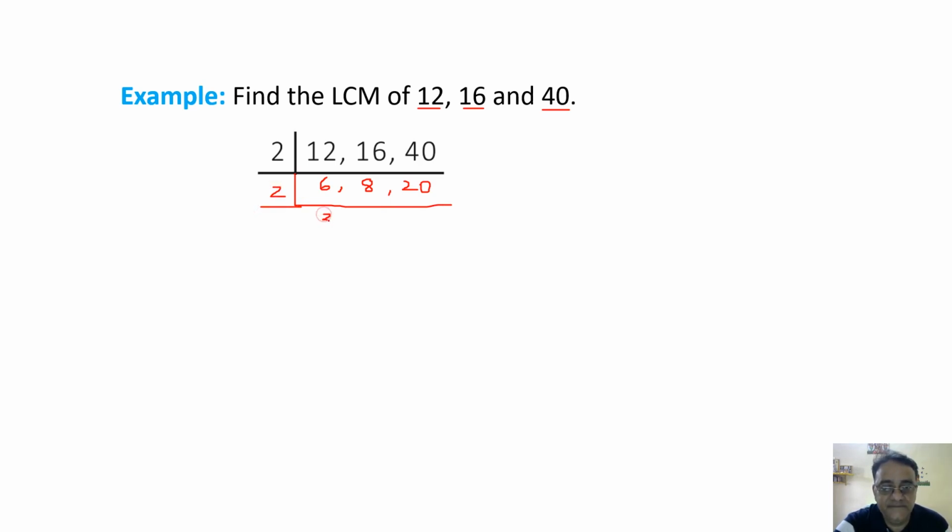So 3, 4 and 10. Again 4 and 10 are divisible by 2, so I am going to take 2 again. 3, because 3 is not divisible by 2, we have to carry forward. 2, 5. Now there is no common divisor in these three numbers 3, 2, 5. So we'll stop.